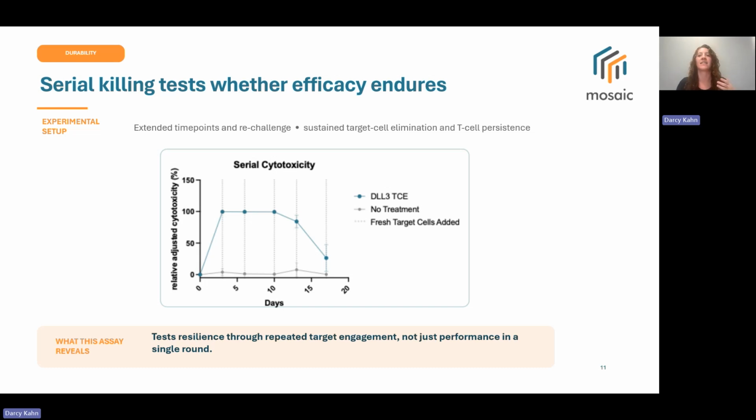And just to mention that this is exactly where a benchmark comparison becomes powerful, not just informative. So all I'm showing here is the benchmark molecule, right? But if you're comparing your own molecule against an approved molecule like the one we're using today, and you can show that your molecule has sustained killing capacity for more rounds of restimulation, or can hold on longer before approaching that baseline, that's a big deal, right?